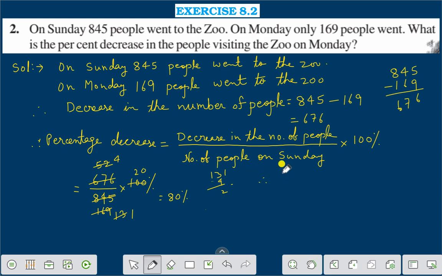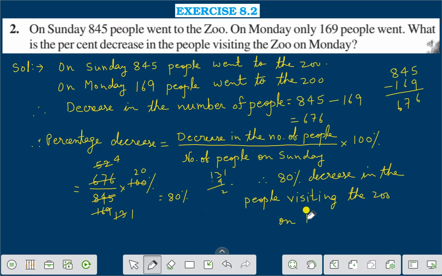Therefore, the answer is 80%. 80% decrease in the people visiting the zoo on Monday.